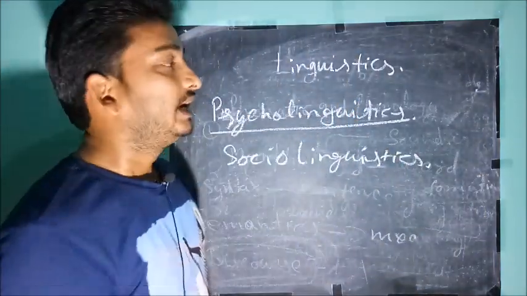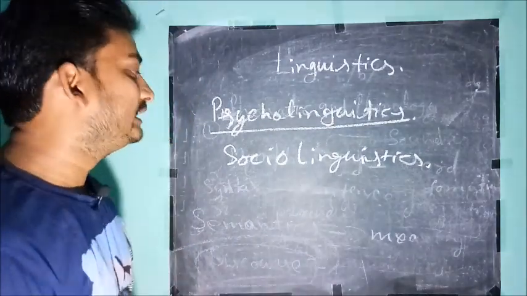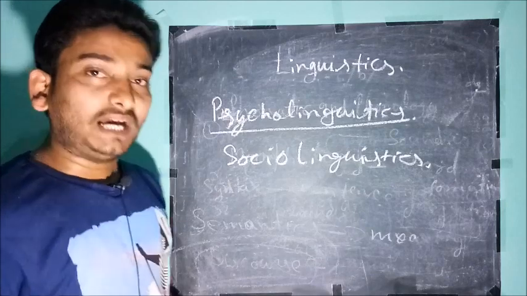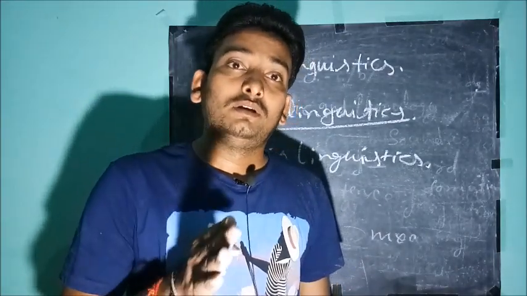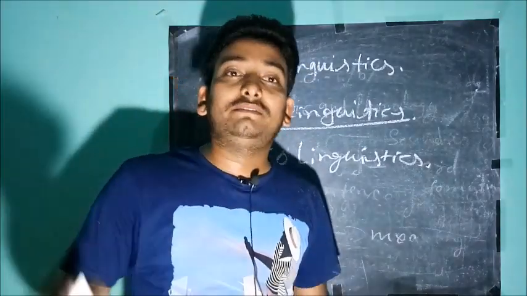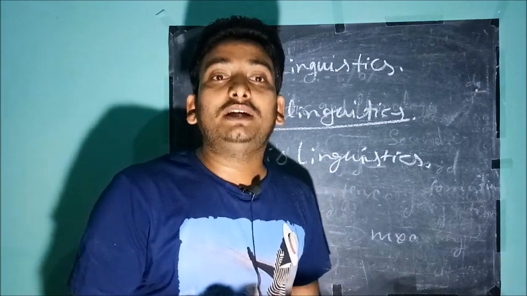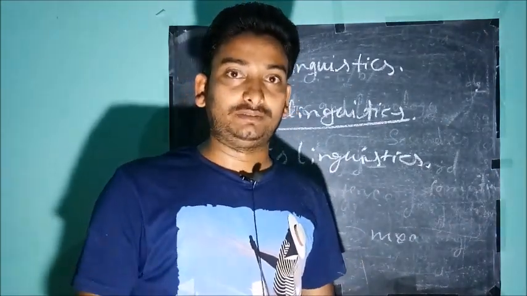And next one is anthropological linguistics. Anthropological linguistics is the branch of linguistics in which the chronological development of language is studied according to the development of human beings, the human race.